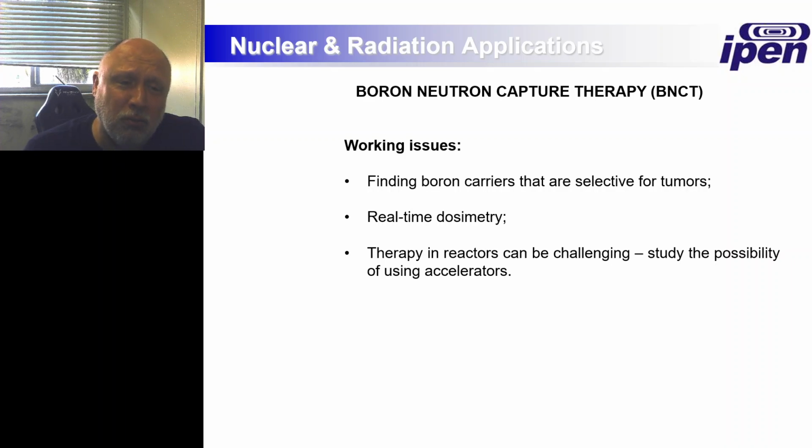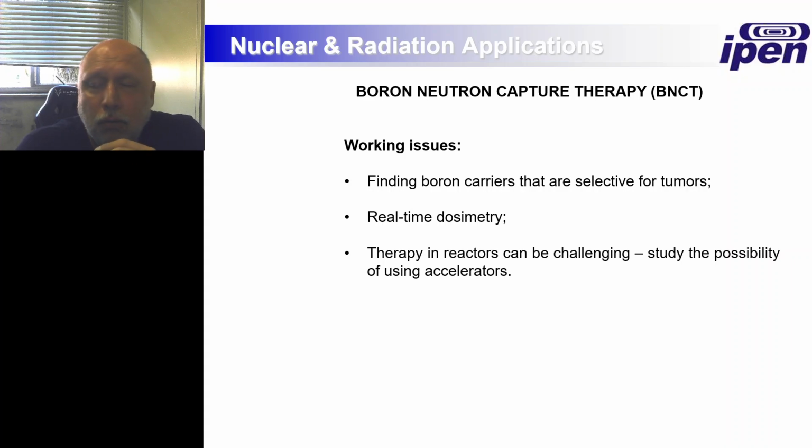It's hard to do real-time dosimetry because you have an idea of how many neutrons are coming in, but it's completely different from other treatments, where you have X-rays being emitted too, and you can follow those.